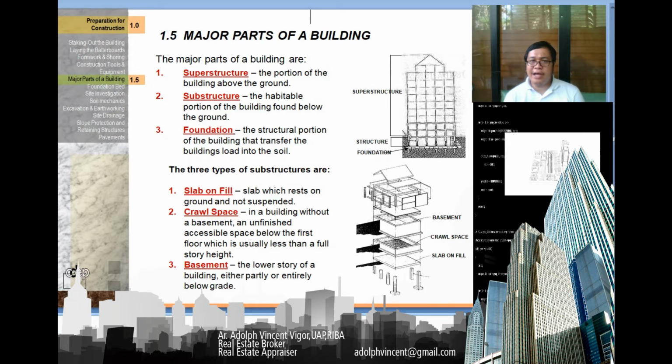If you're going to use CHB, which is used commonly here in the Philippines, it is not a good practice to just finish one portion of the CHB wall facing the ground. You know why? Because the unfinished portion of the CHB, which is the one exposed to the elements, to the soil outside, has a tendency for water to creep through it.